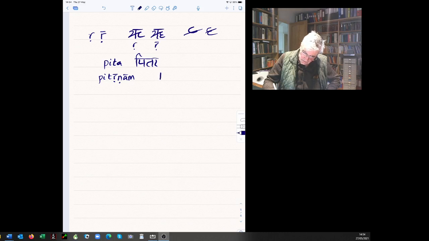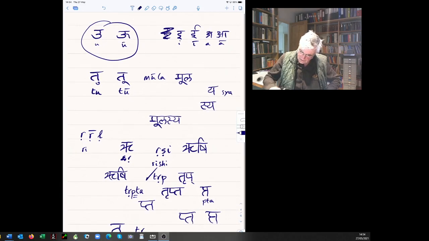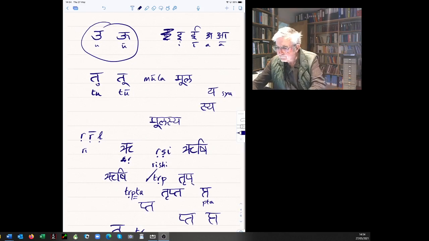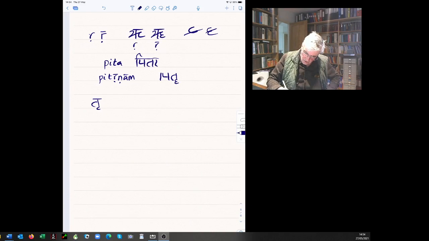Again, the upright for the short i, p, the characteristic part of the t, and then the hook. This is the short tr, and this is the long tr.